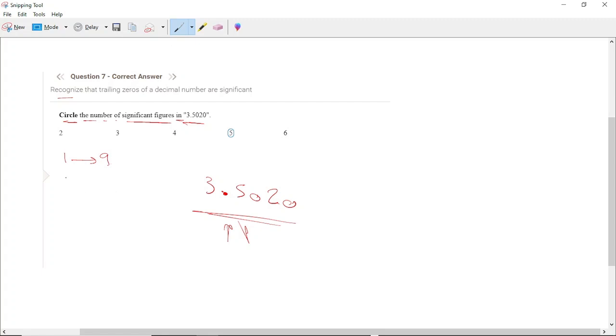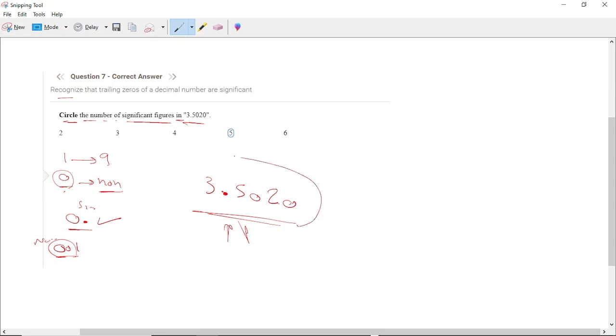Zeros are non-significant, but for a trailing zero, if there is a decimal point, it will count as significant. If it's a leading zero, for example 001, this will be non-significant.